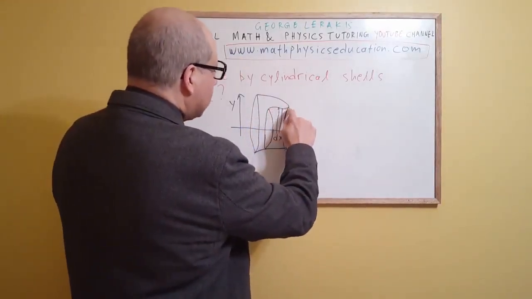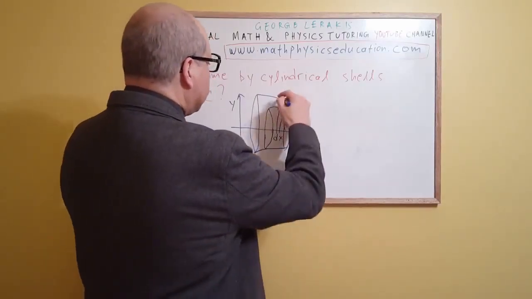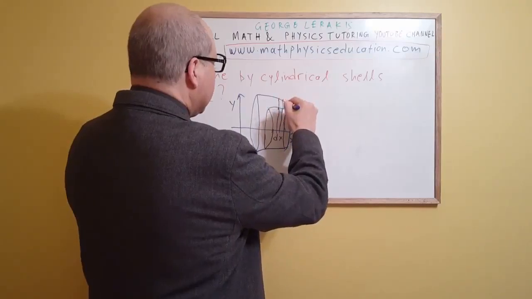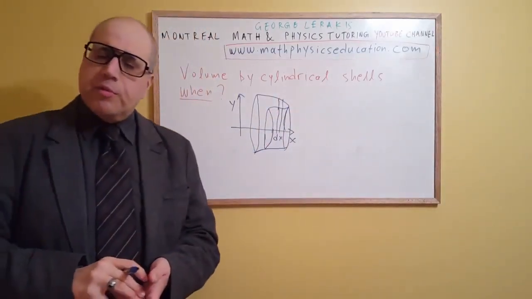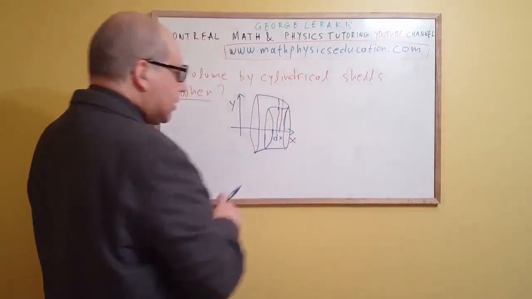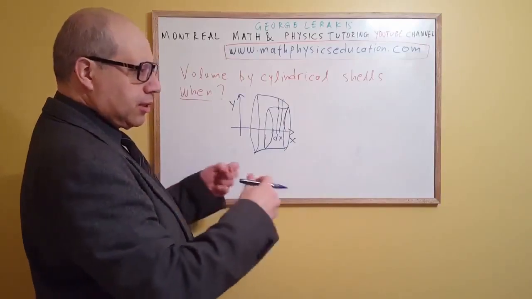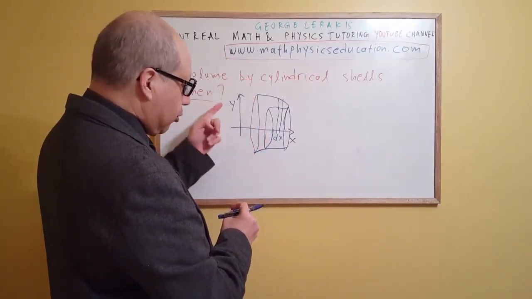You have this one here, which is the inner radius, and another one which will come up to here, which is the outer radius. So which one will you use if you use the previous method? That's the problem, and that's why it's more difficult to do it by the previous method.